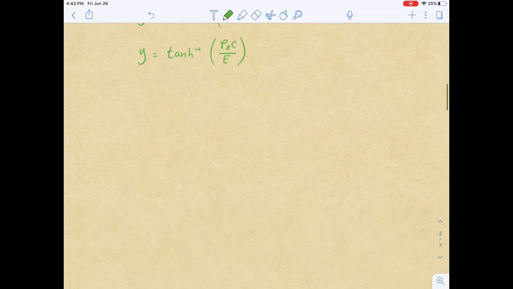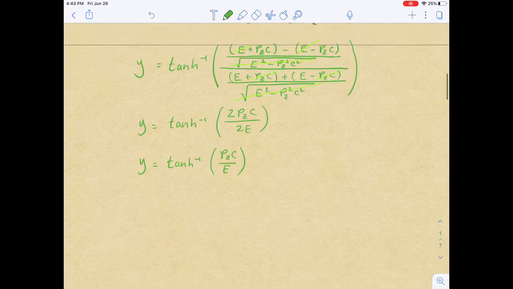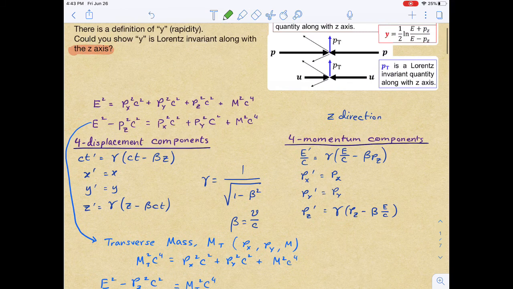It's another way, and we will utilize the same strategy when we try to show that the rapidity is going to be invariant along the z-axis. Now, in order to show that, we will have to use these 4 displacement or 4 momentum components under the Lorentz boost.